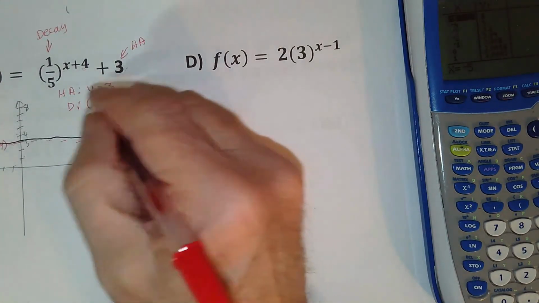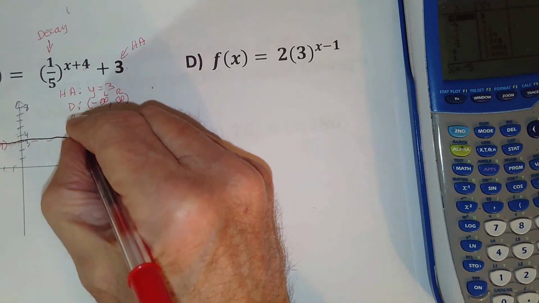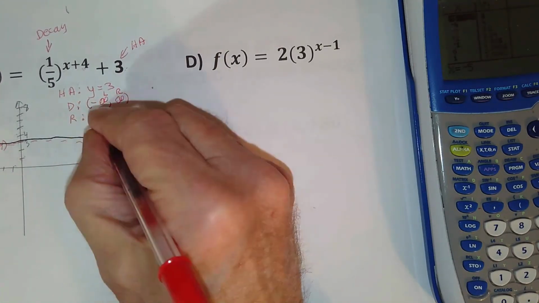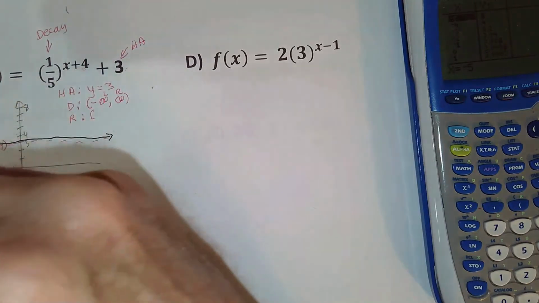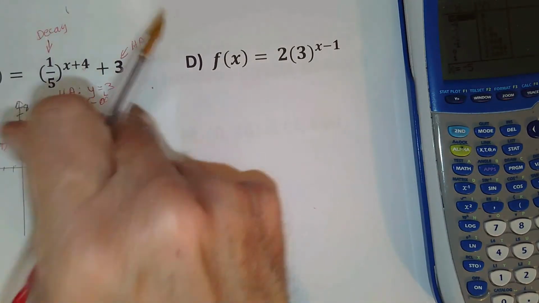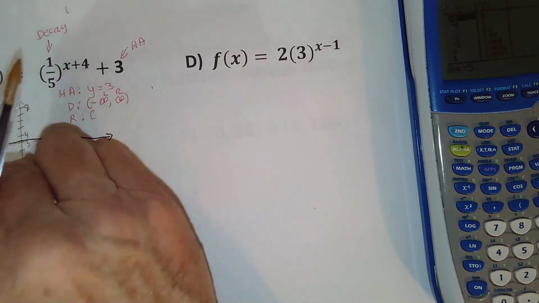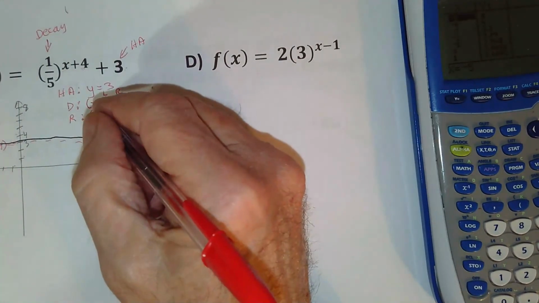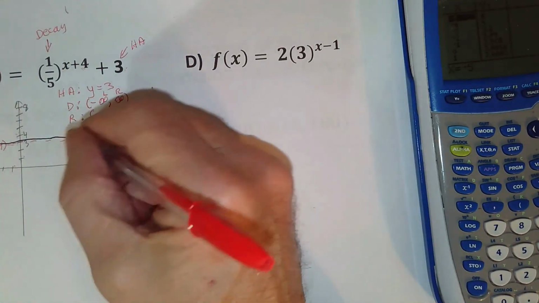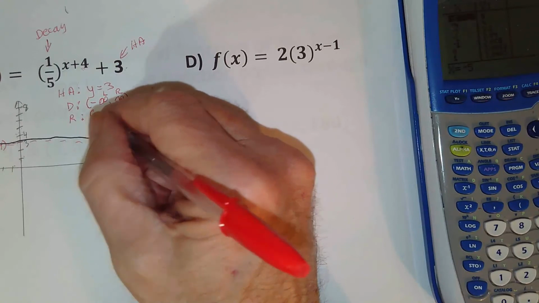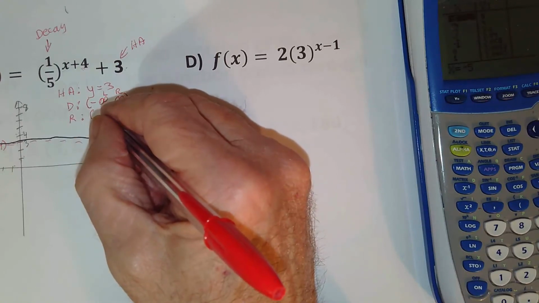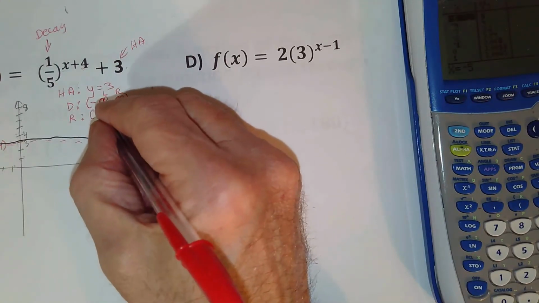Okay, and so the range, it's the same idea. In this case, you're going from, again, left to right is least to greatest. So least to greatest is down to up, which seems backwards, but it's not. It's the least. So the horizontal asymptote is going to be your least.